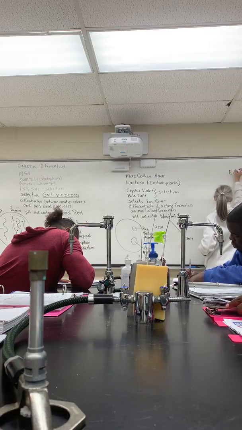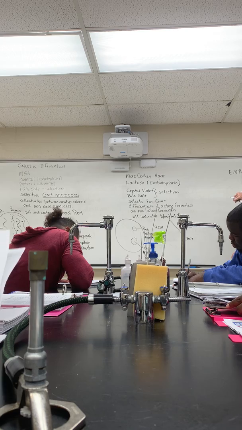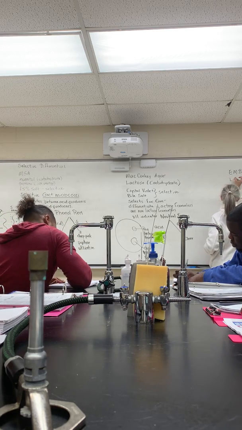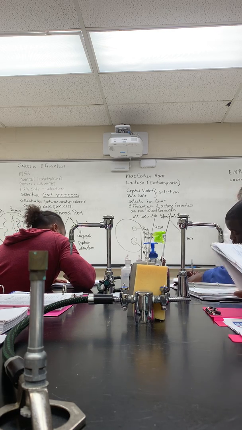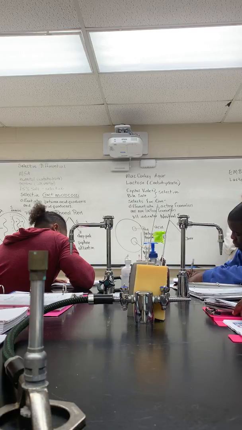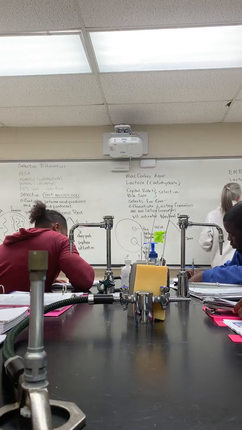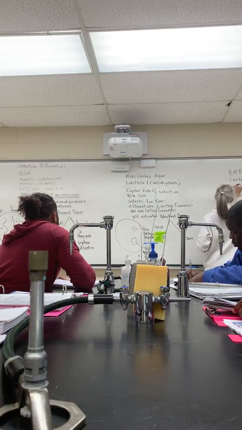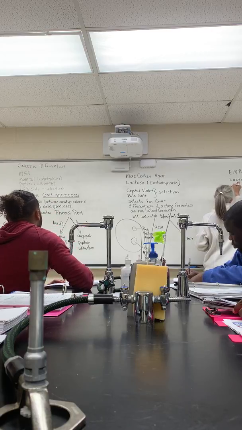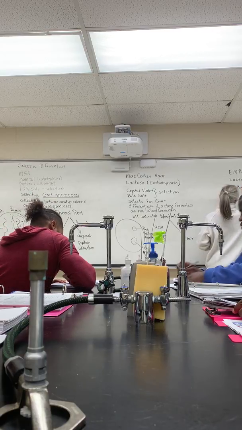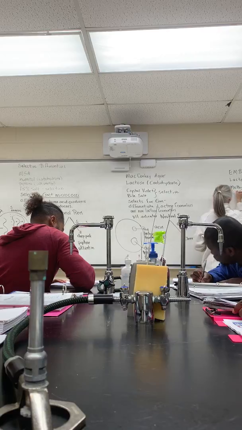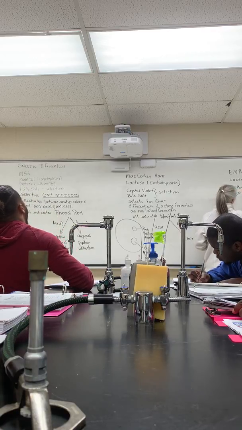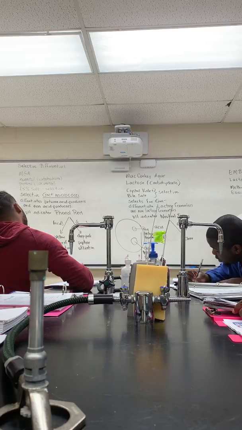Last one is EMB. That's eosin methylene blue. So this one also has lactose in it. It's a carbohydrate. This one has methylene blue and eosin Y. So those make it selective.